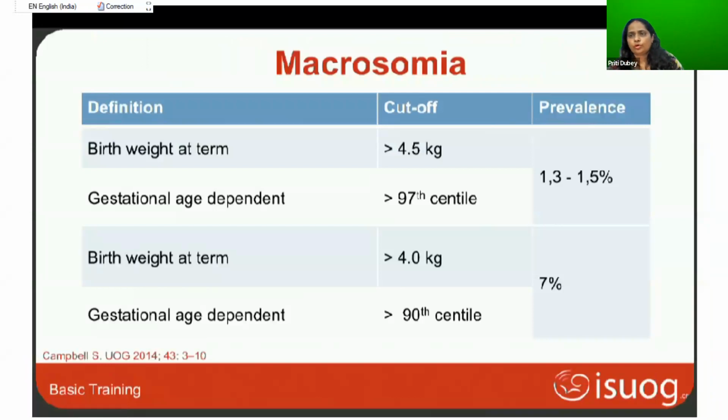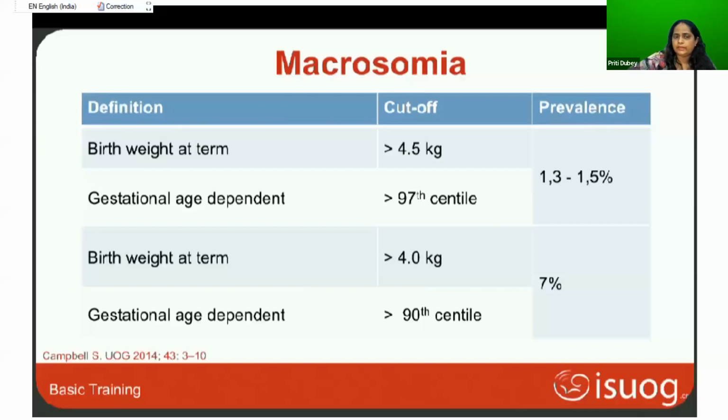Now I will go to growth more than 90th percentile. Any growth which is more than 90th percentile, we call this baby LGA, that is large for gestational age, or macrosomic babies.